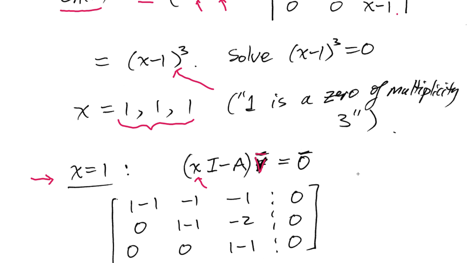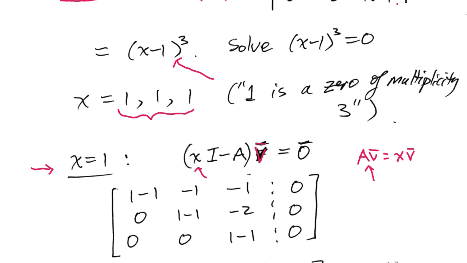That's just originally saying A times v is equal to, I was calling it lambda last time, like most people do, but your book would call it x then, x times v. This is just rewriting this, subtracting this on both sides, and then factoring out the v. That's all you're doing.